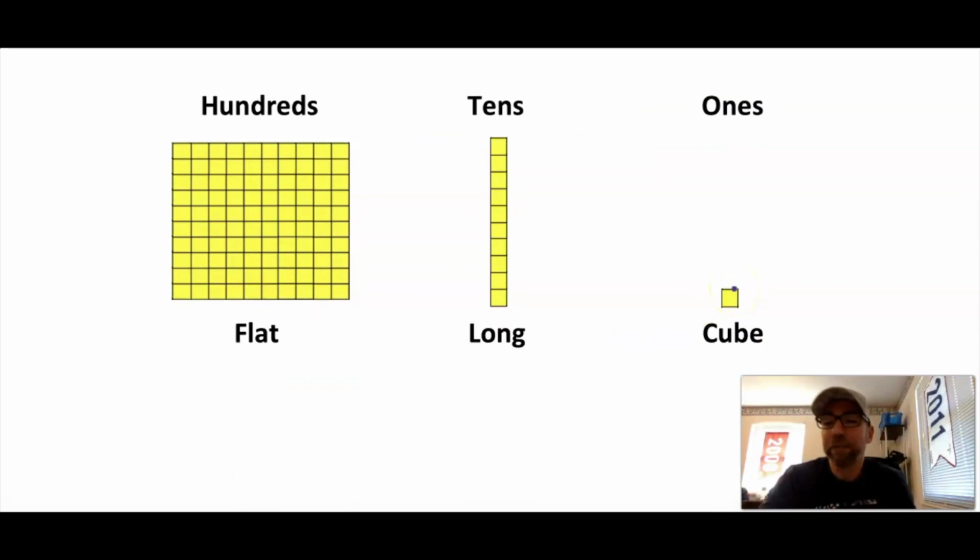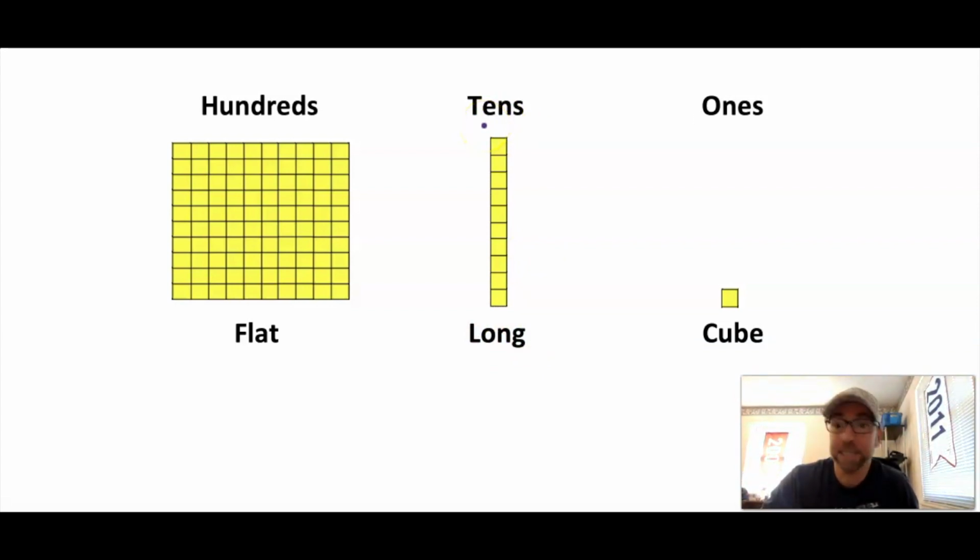Today we're going to be taking a look at our 3 place values. We started in first grade with our ones place, and we worked with all of those cubes when we counted by ones. Once we got to 10, we learned about a long, which is made of 10 cubes stuck together, so our long was worth 10.